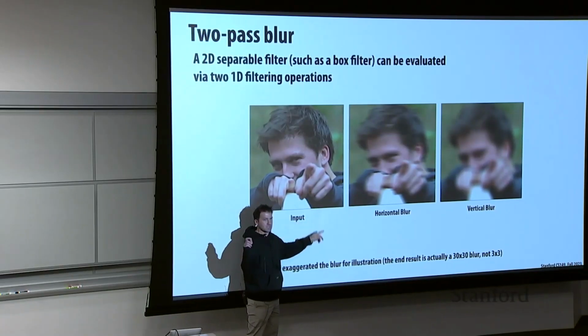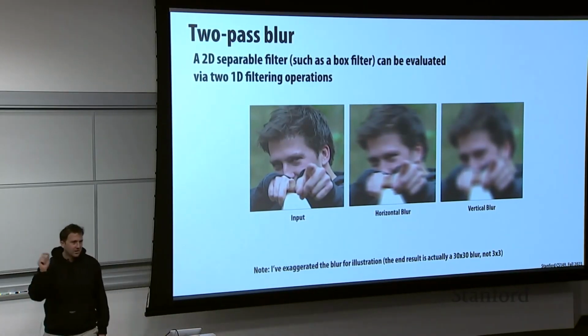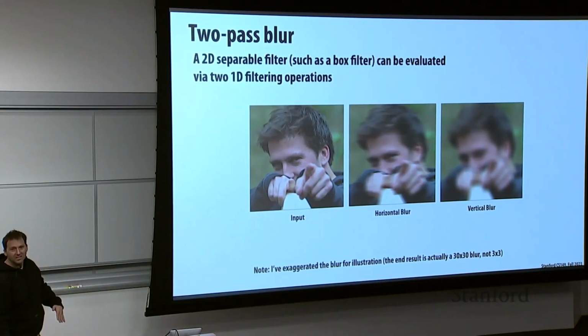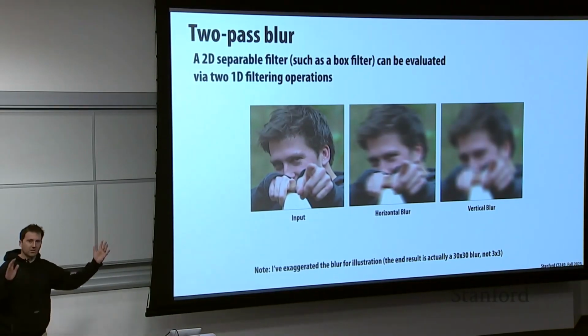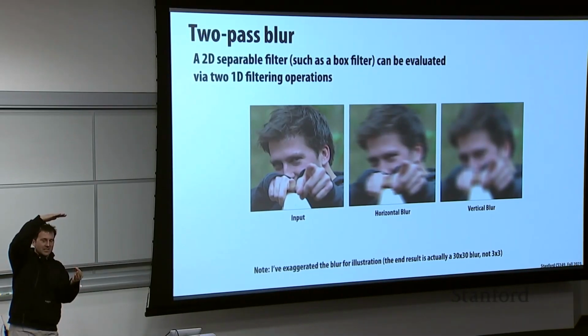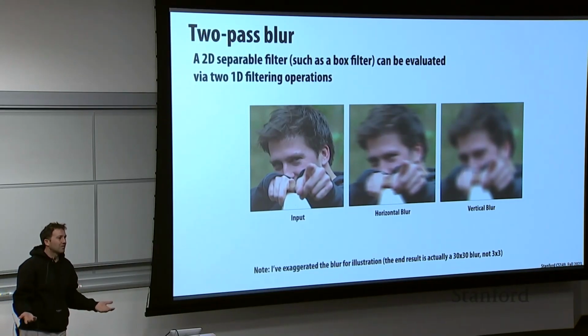So every pixel is the average of the three, the left and right neighbor and itself. And then I take that result and I blur vertically. And if you think about it, after the horizontal blur, I've added up 3 numbers, and then after the vertical blur, I've taken those partial sums and added 3 of them together. So I'm doing the exact same math.